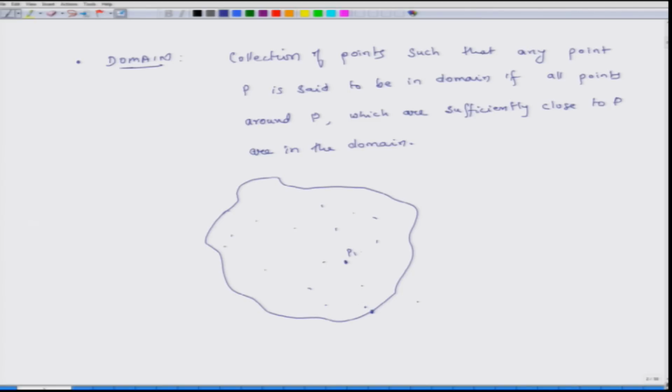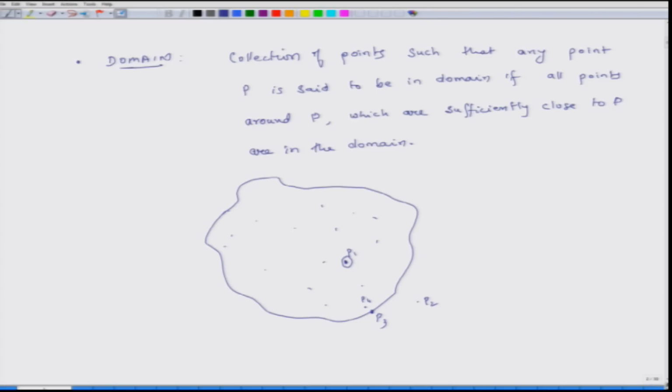So, let us number these P1, P2, P3 and P4. So, what does it say? That a point is in the domain if all the points which are sufficiently close to it are in the domain. So, when we look at point P1, all the points which are very close to P1 are in the domain. So, point P1 is said to be in the domain.